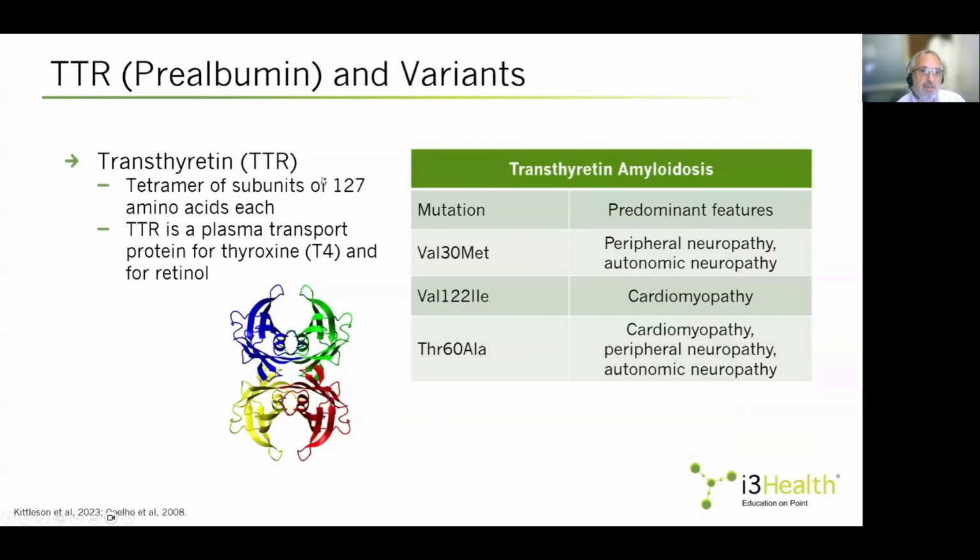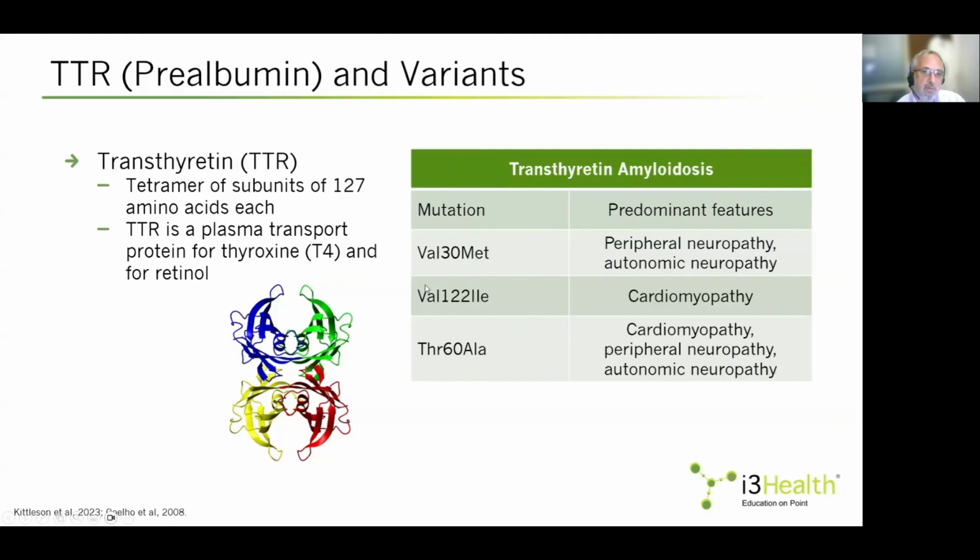Transthyretin, as I mentioned, an interesting protein that's 127 amino acids. Its job is to transport thyroid hormone or thyroxine and vitamin A or retinol. It's a minor carrier of thyroxine, and it's the only carrier of vitamin A in the body. The predominant features we see, for example, with the Val30Met or Portuguese mutation, are particularly a peripheral and autonomic neuropathy initially, cardiomyopathy later.